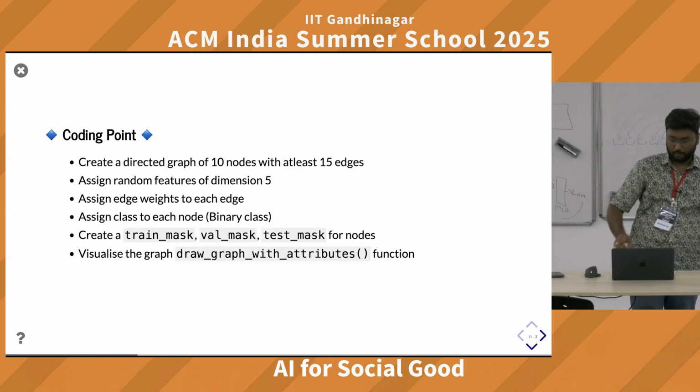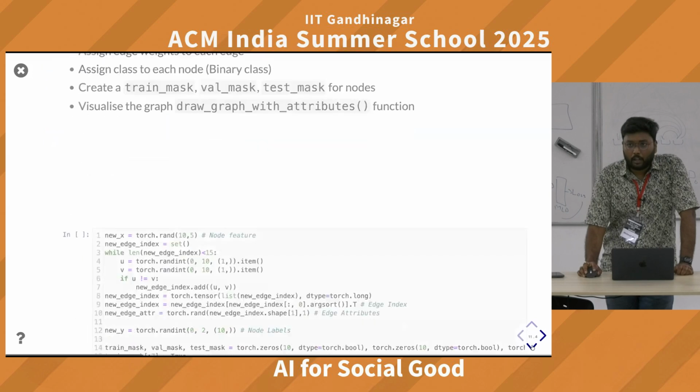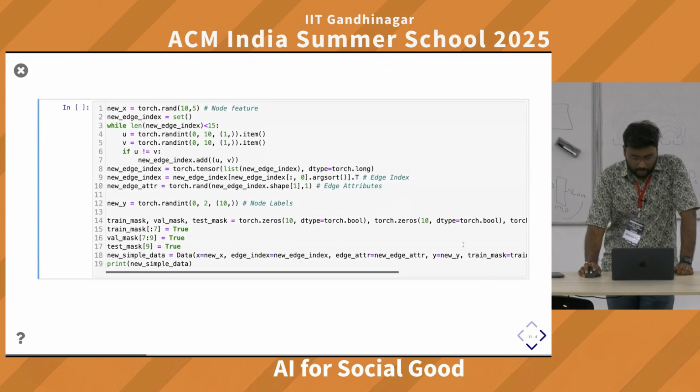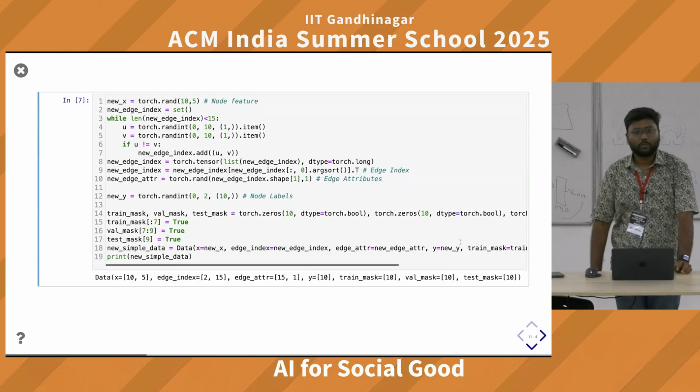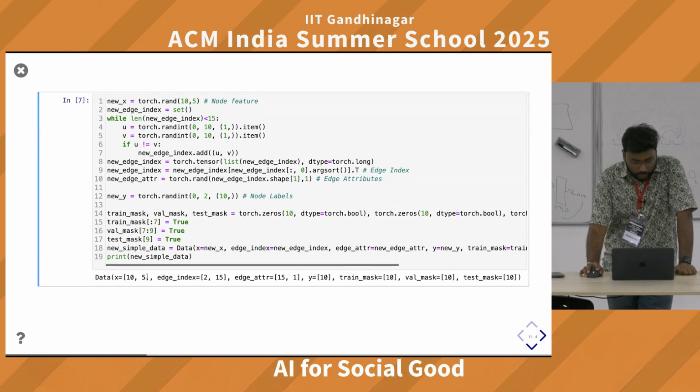So yeah, 5 minutes are over. Let me go to my implementation. Obviously, implementation can be different. I just used torch.rand to assign some features. As you can see, I have 10 nodes with 5-dimensional features.